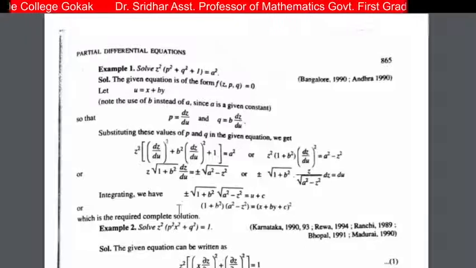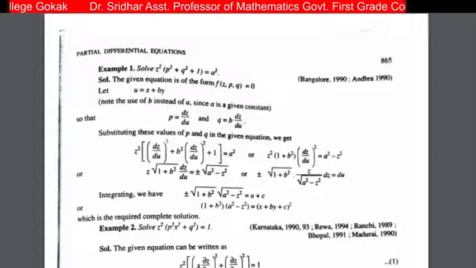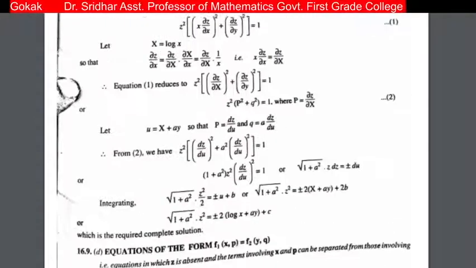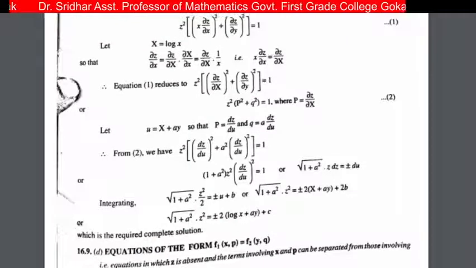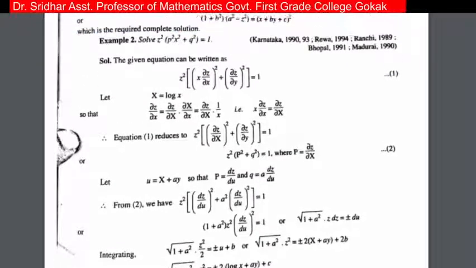Similarly, this fourth one is also done in the same way. Solve z square into p square x square plus q square equal to 1. Now it is not in the standard form because x is multiplied here. It should be in the form f of z, p, q, but here x is an extra term.